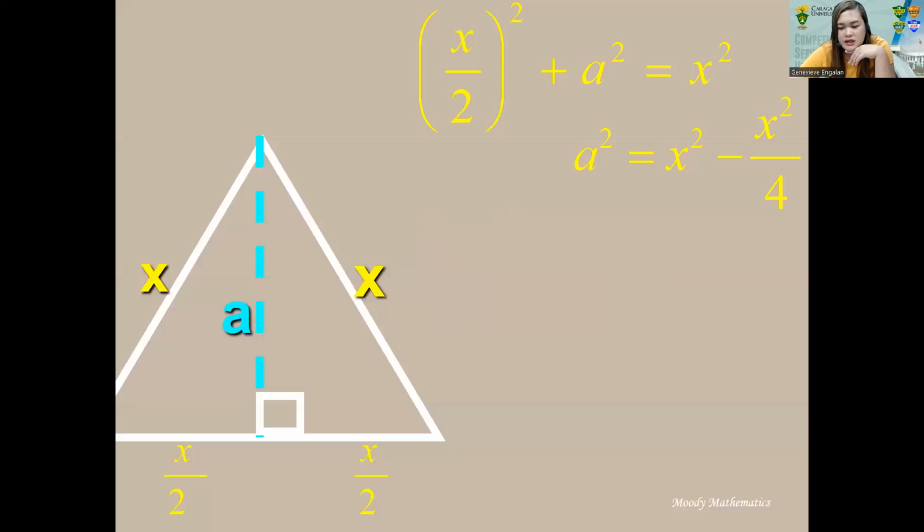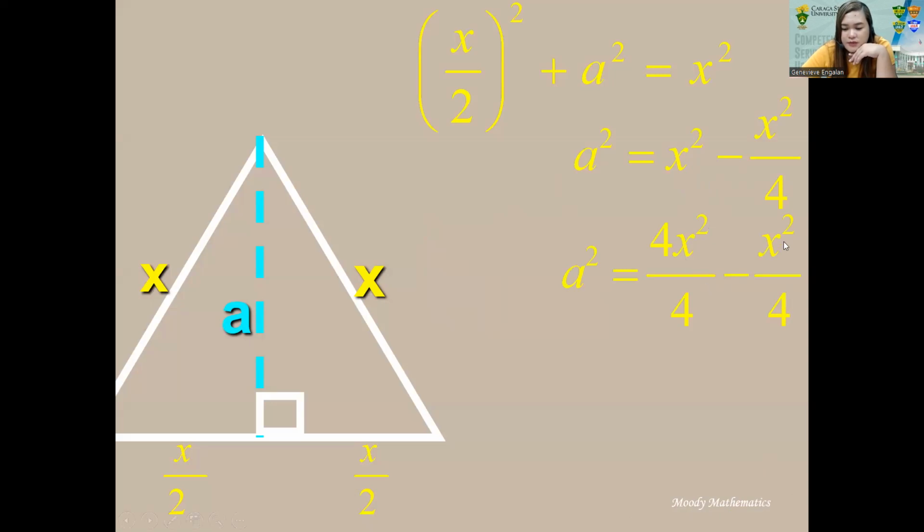Transpose the x squared over 4 to the other side. So you have a squared is equal to x squared minus x squared over 4. Okay, so finding the LCD, x squared is the same as 4x squared over 4. So you have 4x squared over 4 minus x squared over 4.